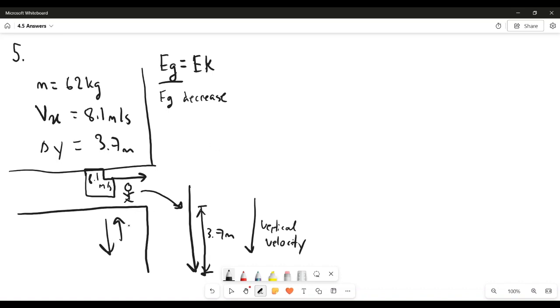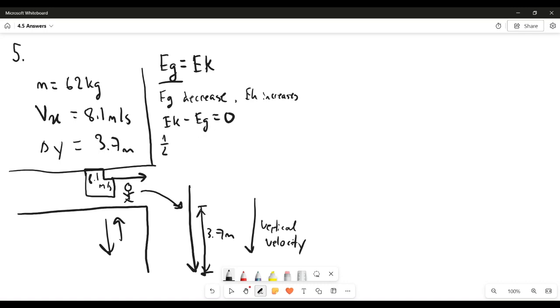She's going to experience a downwards force. So the gravitational potential energy decreases and the kinetic energy increases. And so we're going to write that as like so.